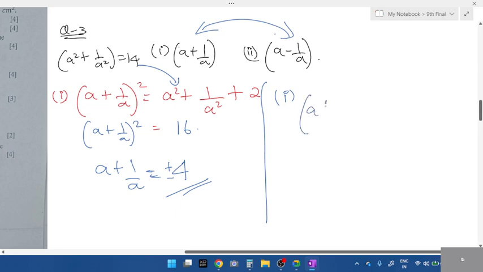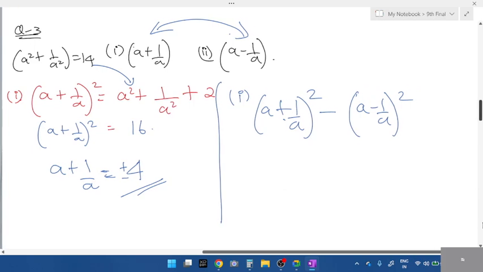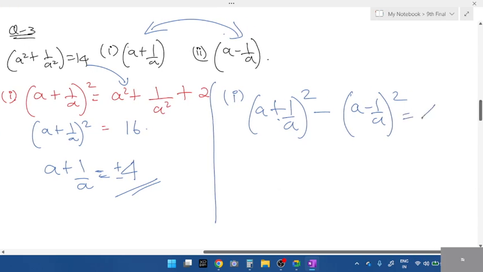What is subtraction? (a plus 1 by a) the whole square minus (a minus 1 by a) the whole square, that is the value for (a plus b) squared minus (a minus b) squared, which is 4ab. 4 into a into 1 by a, the a's get cancelled. Only 4 is left. Delisha, is it clear?